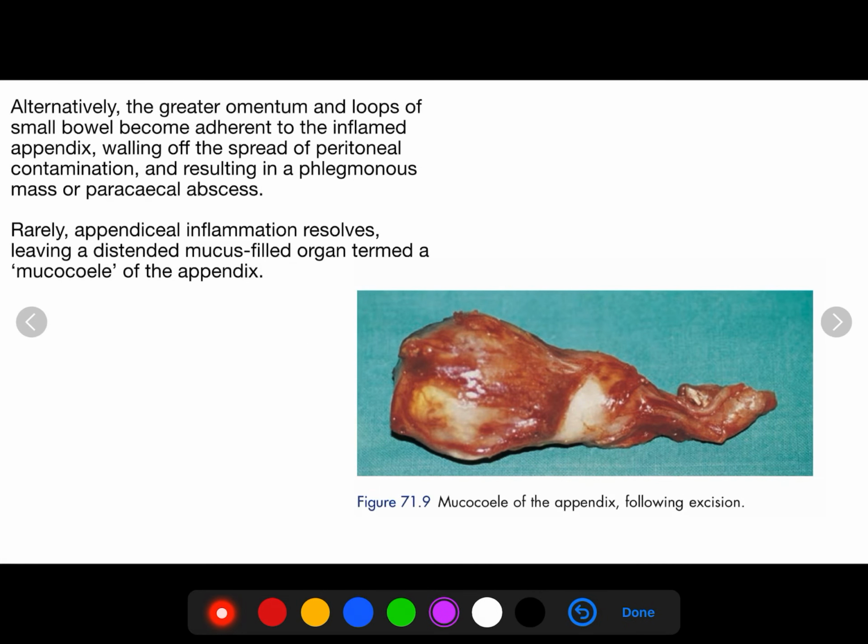Alternatively, the greater omentum and the loops of small bowel become adherent to the inflamed appendix. يعني عندنا احنا inflamed appendix، يجي الاومنتم والسمول باول اللي قريبة من الابندكس تحيط الابندكس, walling off the spread of the peritoneal contamination. يعني صار اكو peritoneal contamination بس تحاول تحيطه بالمكان القريب من الابندكس, resulting in what we call appendicular mass or paracecal abscesses. هاي من ضمن الباثوفيزيولوجي اللي يصير بالacute appendicitis، احتمال appendicular mass واحتمال appendicular abscesses.